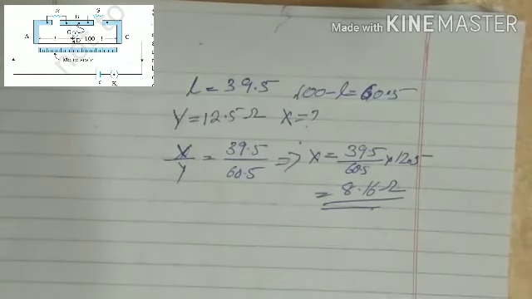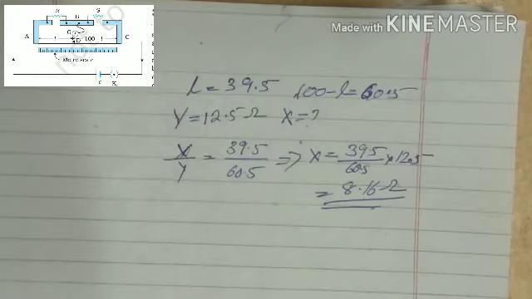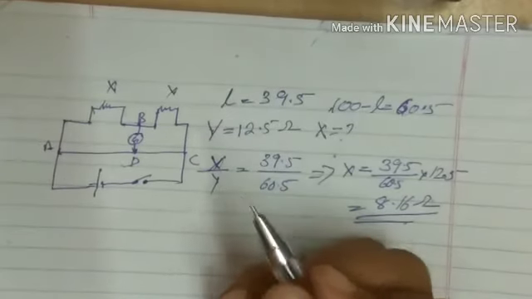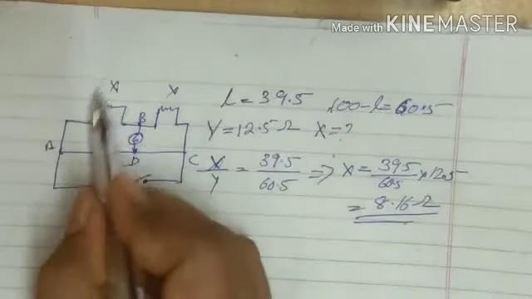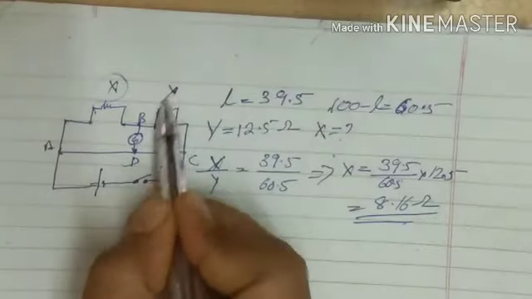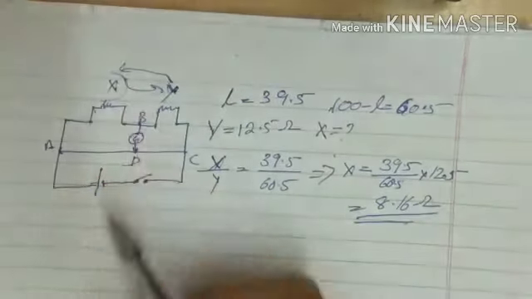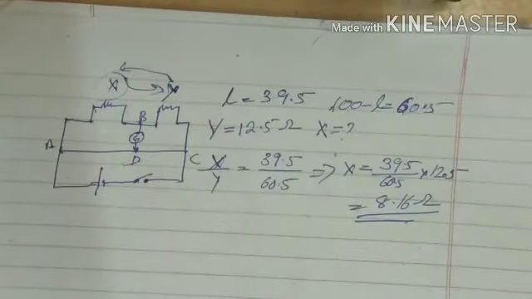Now we are coming to our second question. If X and Y are interchanged, that means Y comes here and X comes here. Then again we have to find the balance length.